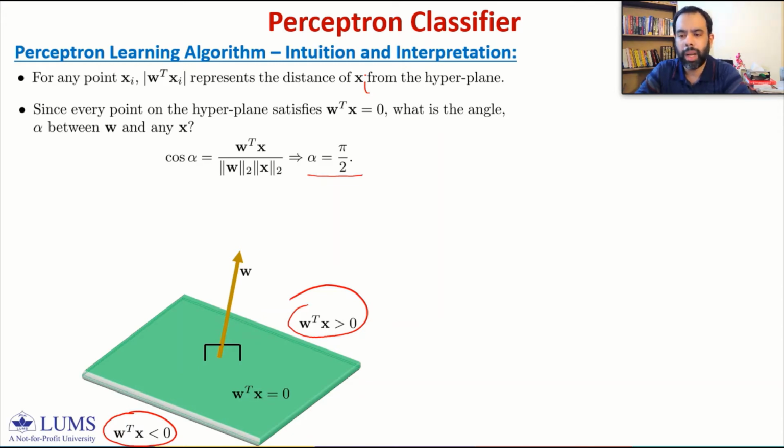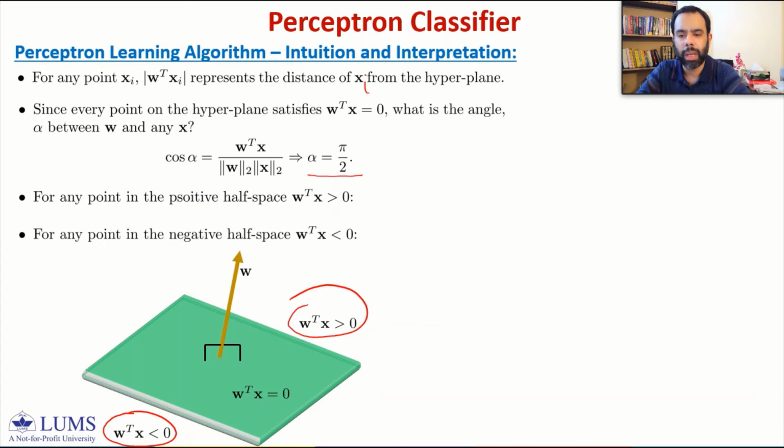Okay, take any point in the positive half space where W transpose x is greater than 0, and any point in the negative half space where W transpose x is less than 0. If we want to find the angle for these two types of points, what are the angles?